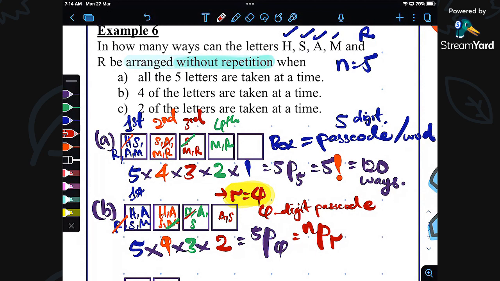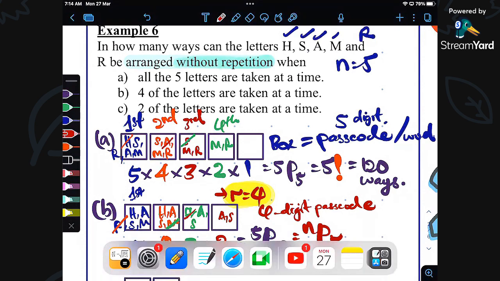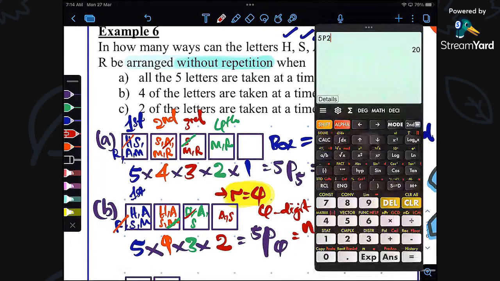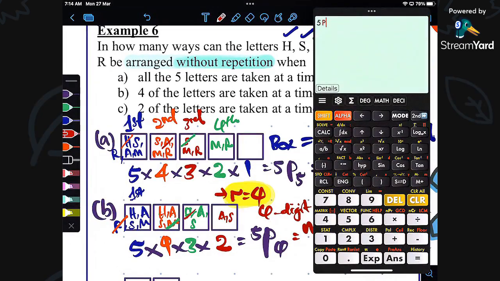And so when we use calculator, please use calculator and then learn how to calculate 5P4. So 5P4 juga adalah 120. Okay, kalau you kira satu demi satu pun boleh juga. 5 times 4 times 3 times 2.